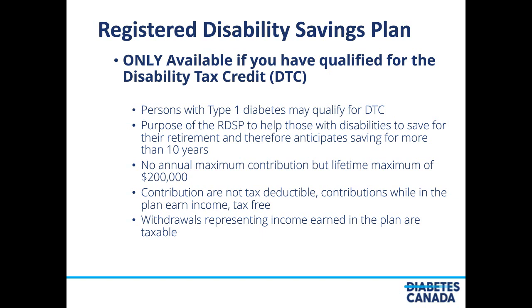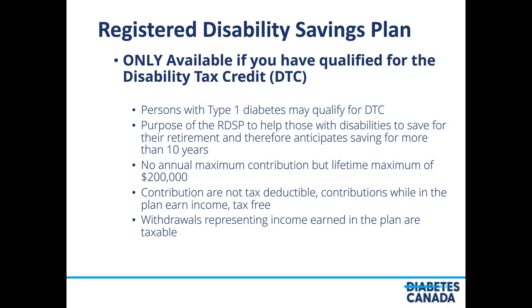First of all, you need to establish a Registered Disability Savings Plan before the age of 60, and only individuals that have qualified for the disability tax credit can actually open a registered disability savings plan. Now, people with type 1 do qualify for the disability tax credit. Of course, you need to apply for the disability tax credit, and you may have heard recently of some difficulties in going through the disability tax credit process, but persevere.